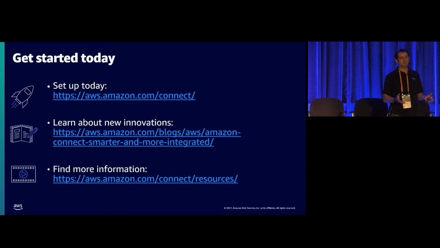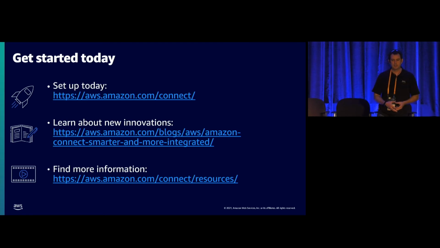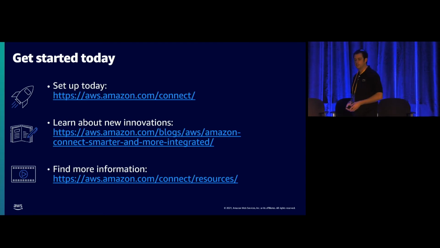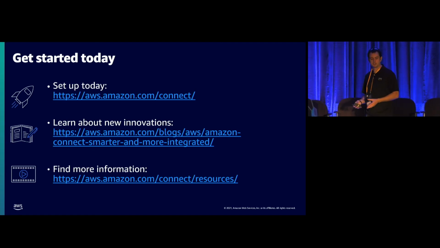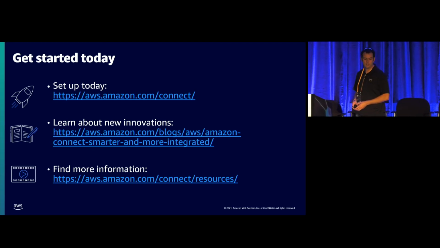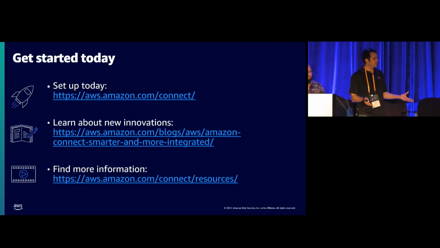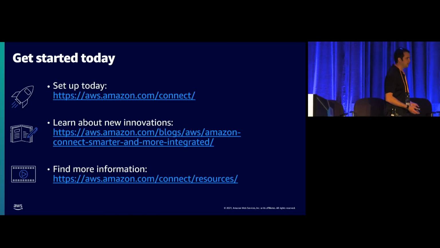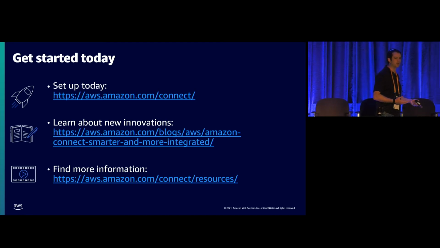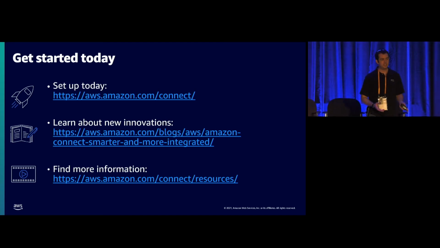And we have a number of self-paced video labs that you can complete so that you get more familiar with Amazon Connect. And then once you've started, try out these new features. Try out customer profiles. Look at Wisdom and real-time contact lens so you can see how you can easily assist your agents.